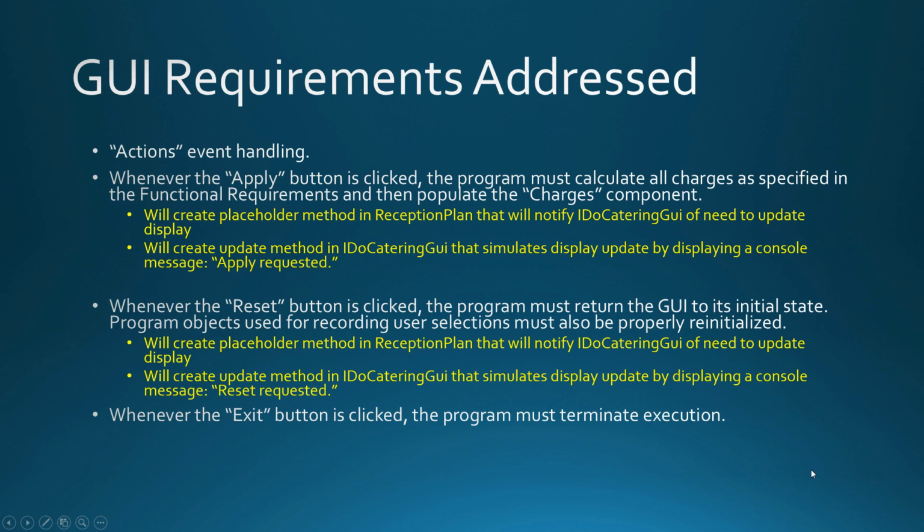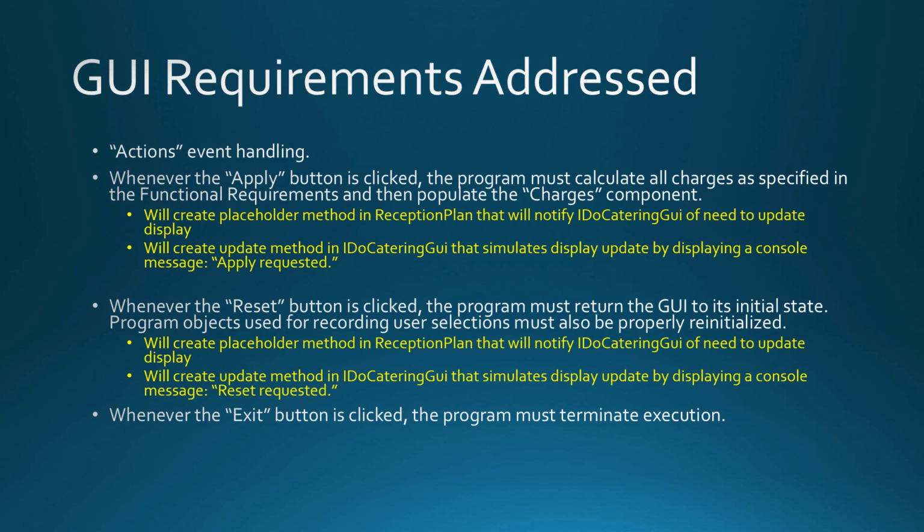So let's take a look now at what GUI requirements are addressed and what technical requirements are addressed. Well, from the assignment, we're going to be addressing what happens with events that come from the actions panel. So whenever the apply button is clicked, it says that the program must calculate all charges as specified in the functional requirements and then populate the charges GUI component. Well, we're not going to go quite that far.